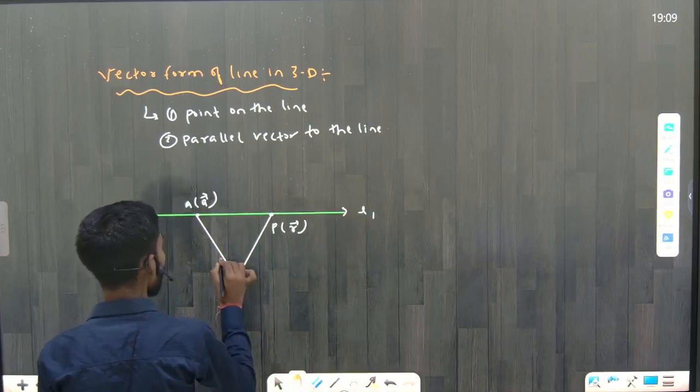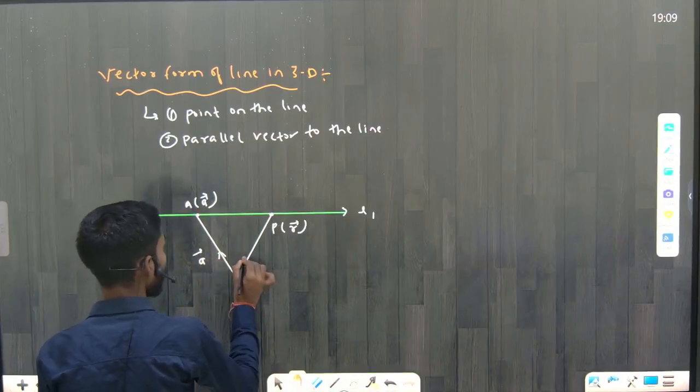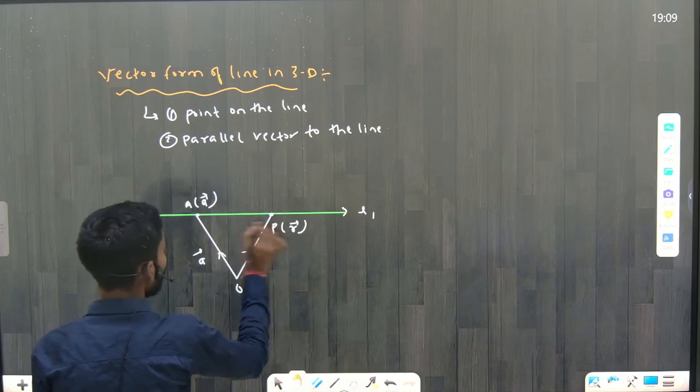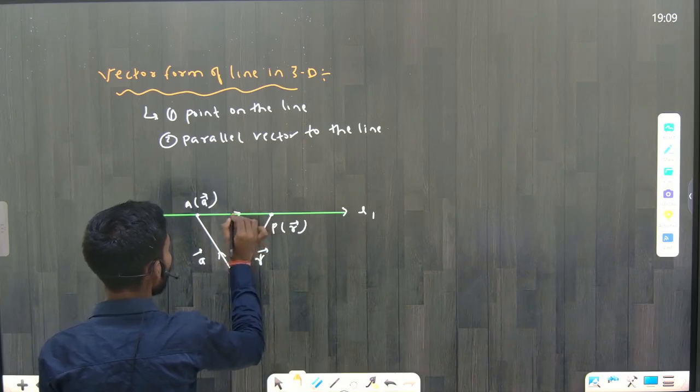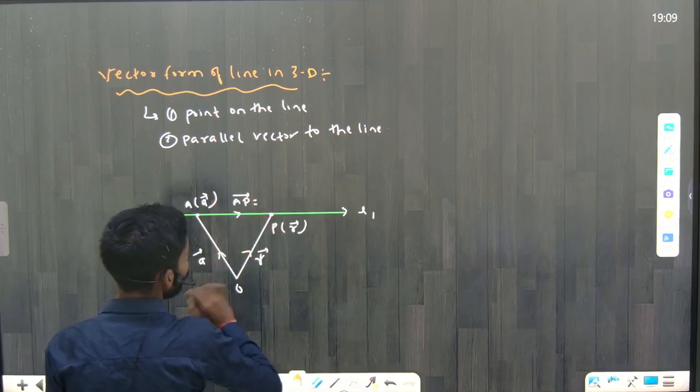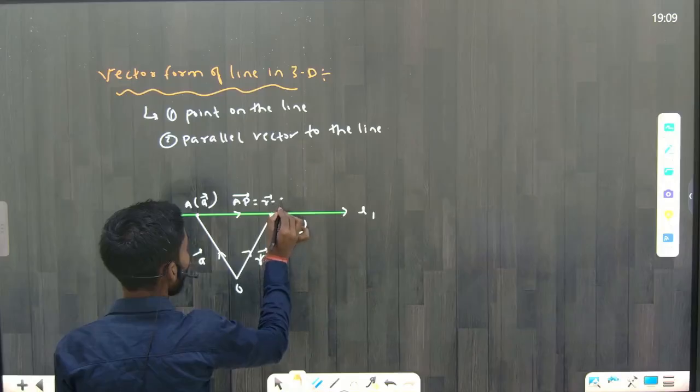This is the origin O, this is vector A, and this is vector R. Then AP vector is R vector minus A vector.